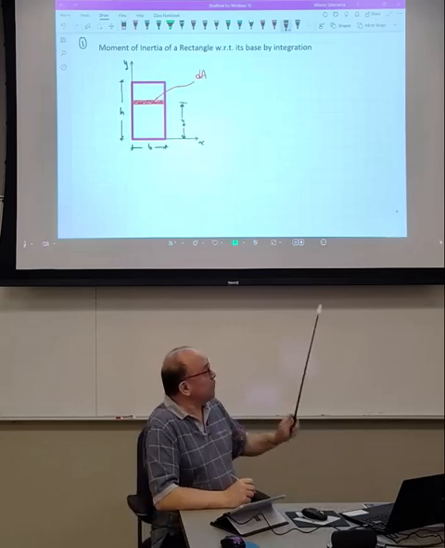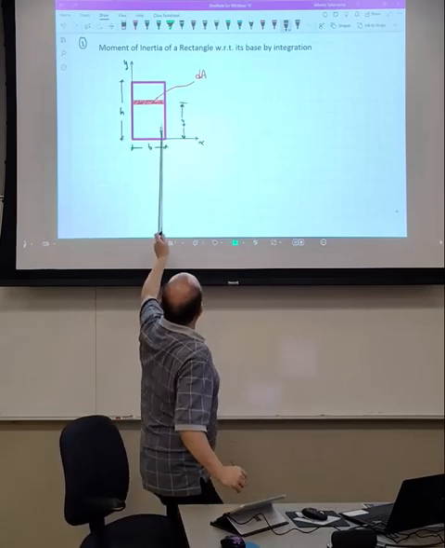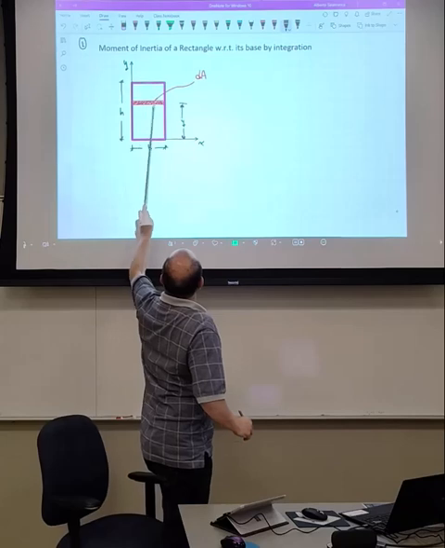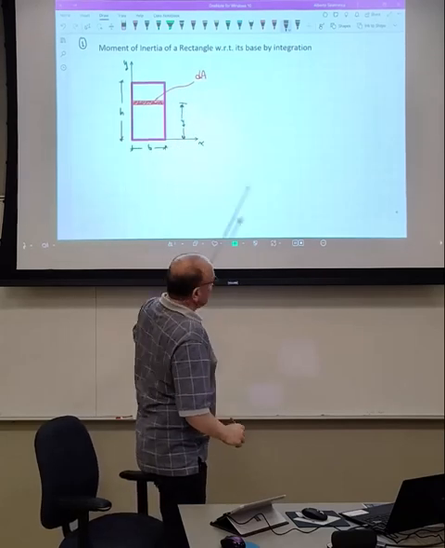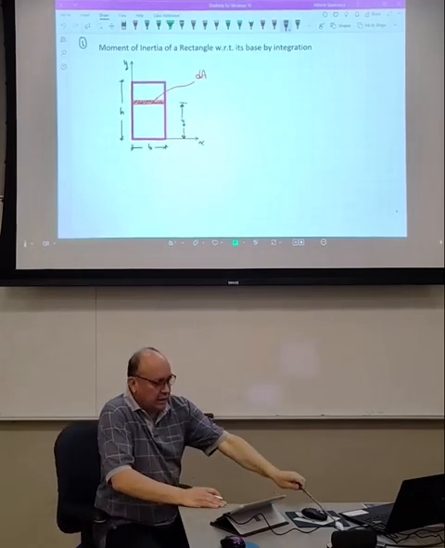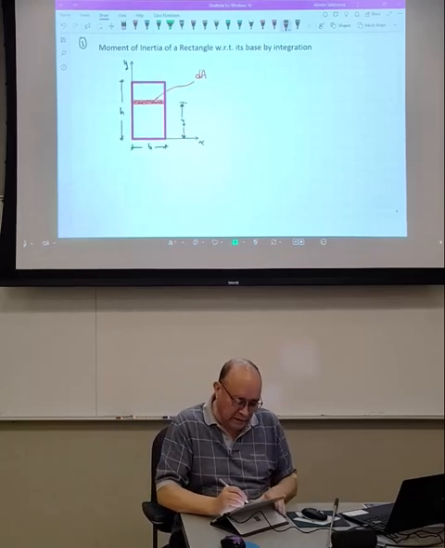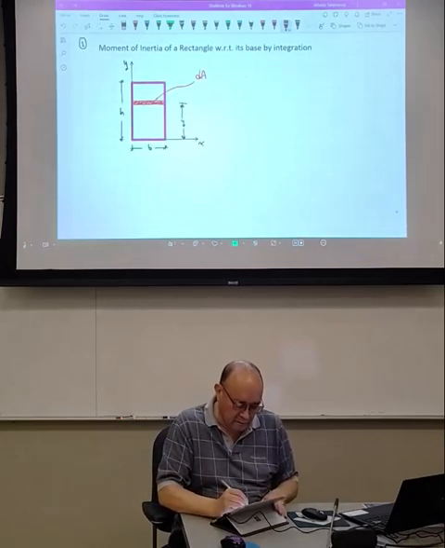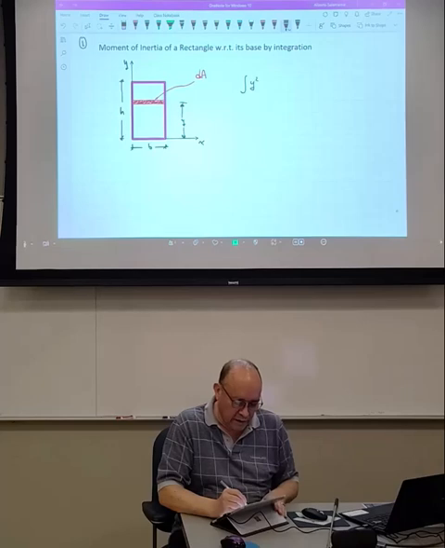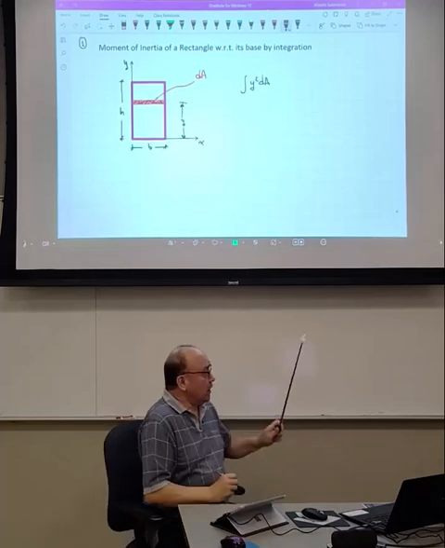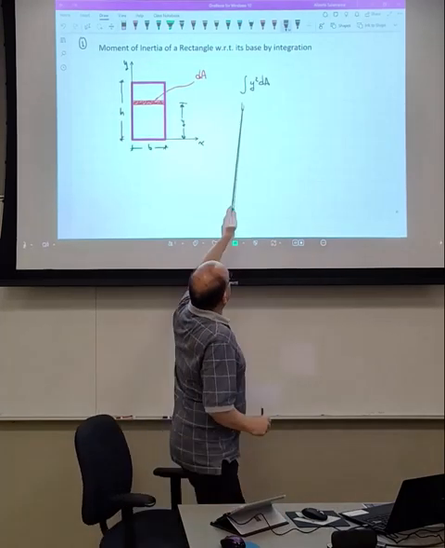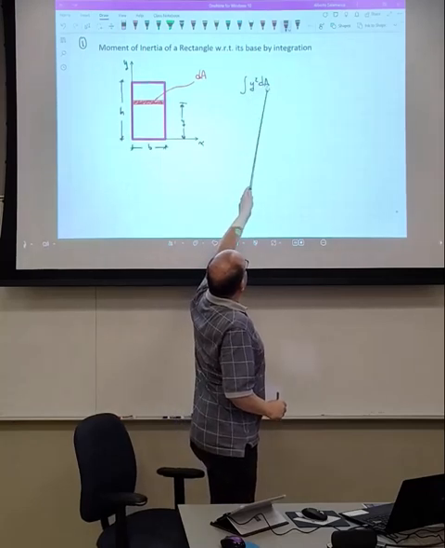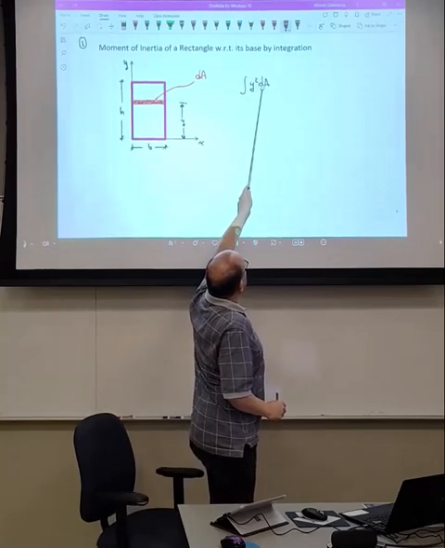That's the distance from the differential of area. All the elements of this area are at the same distance y. So when we calculate the integral of y squared dA, we can do this integral because this y is the same for all the elements of this differential of area.